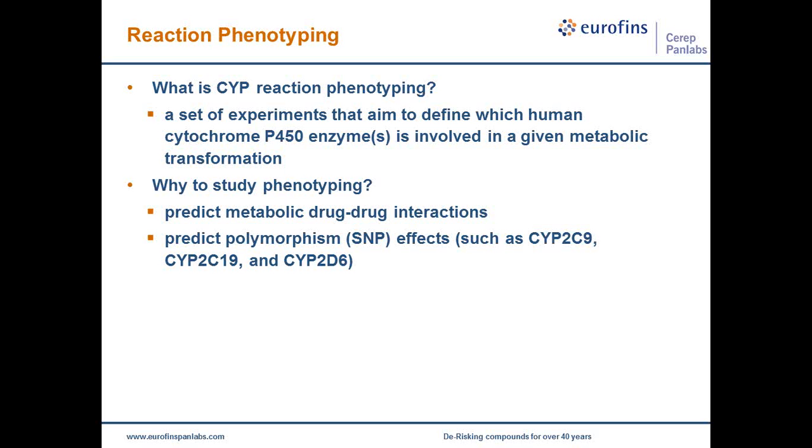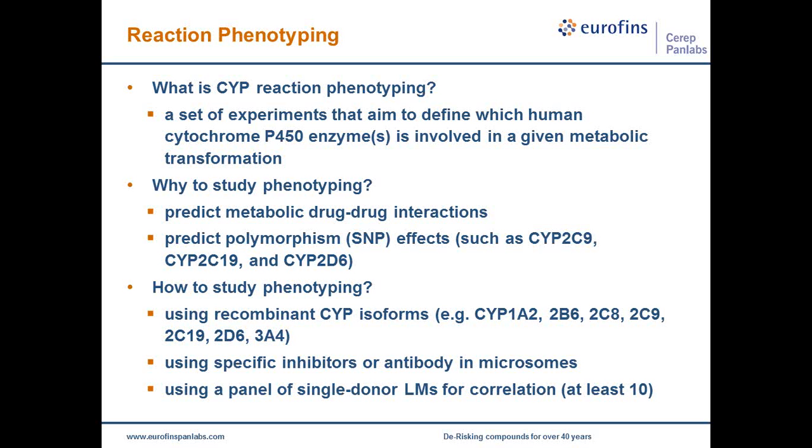Also, if a compound is predominantly metabolized by a polymorphically expressed CYP isoform, such as CYP2D6, the compound may not be well metabolized by poor metabolizers, those individuals with mutated isoforms. Typically, phenotyping is started using at least two of these three methods.